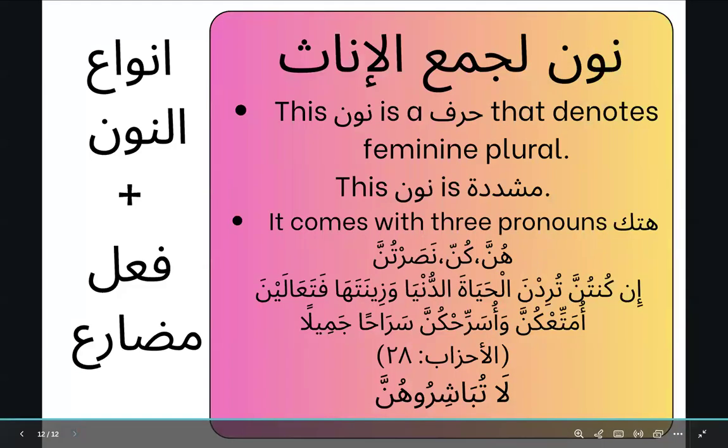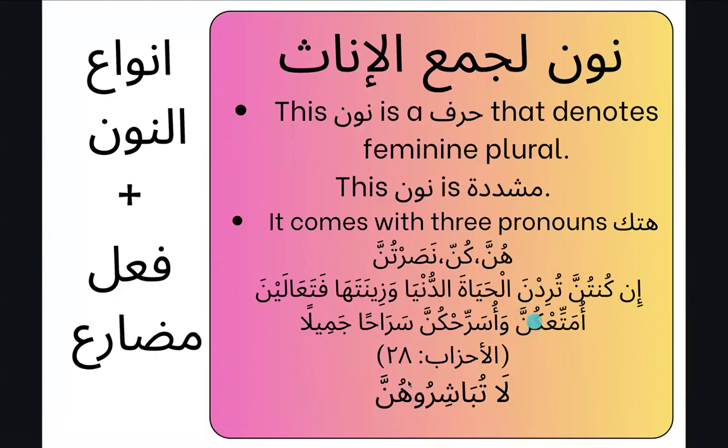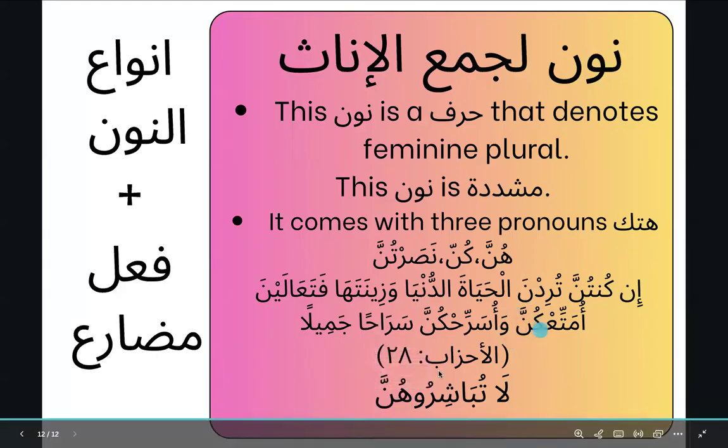The last type of noon that I have for you is noon li jamail inas. It is written mushaddad. It is not directly attached to fi'l mudari. However, when fi'l mudari has kaful khitab or haul ghaib as its mafulun bihi, this noon attaches itself to kaf and ha, the pronouns, to denote that your mafulun bihi in here is a feminine plural word.